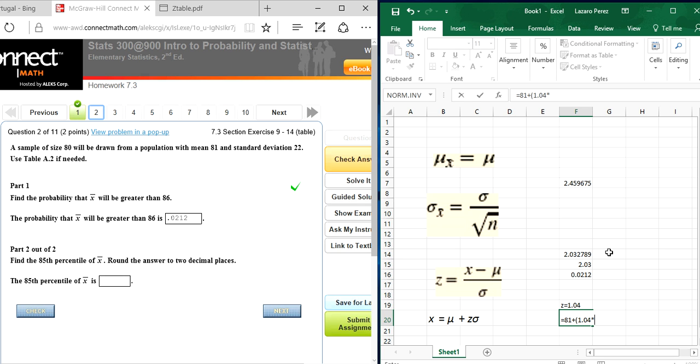And our standard deviation, not that one. Hold on, I've got to remember which one is our standard deviation. Okay, this one was our standard deviation.